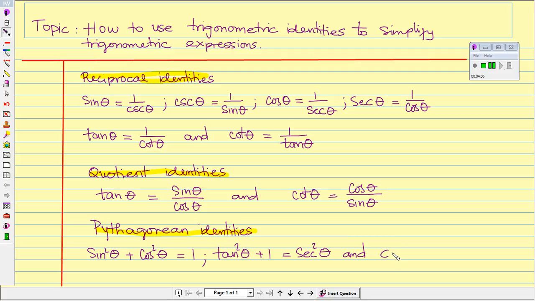And the last one is cotangent square of the angle theta plus 1 equals cosecant square of the angle theta.